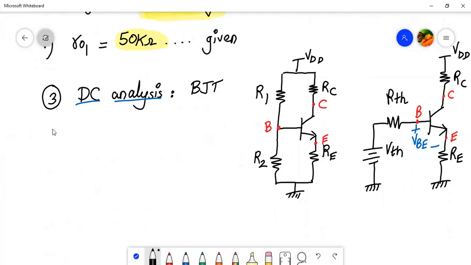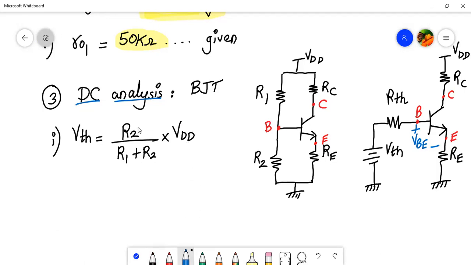So let me begin. Again, I'll write the first point over here. So first we'll calculate VTH. So what is the formula for VTH? VTH is R2 divided by R1 plus R2 into VDD, right? So what are the different values over here? So R2 value is 2.2K and R1 value is 22K.